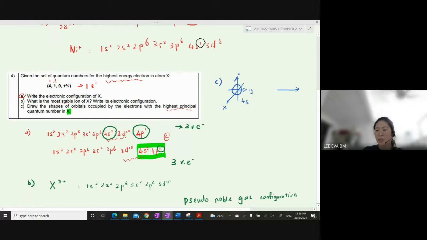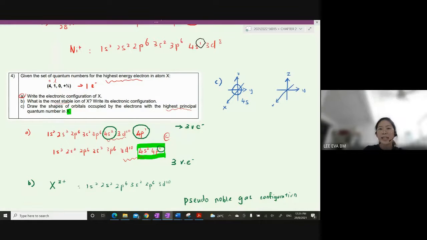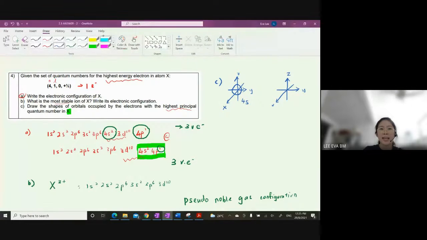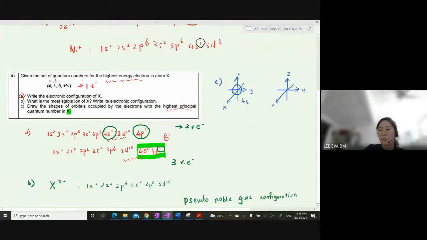Remember, one electron only fill one orbital. So you can either choose px, py, or pz. So let's say dekat sini madam nak pilih PZ. So saya pun lukislah dekat sini, saya buatlah satu dumbbell. And then saya tuliskan ini adalah 4PZ. Kalau awak nak PX boleh dia dekat sini, ataupun nak PY dia dekat sini.